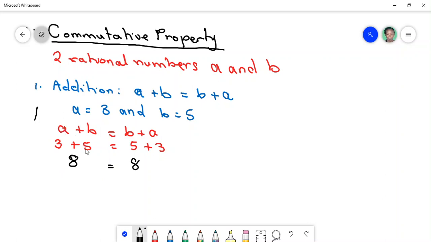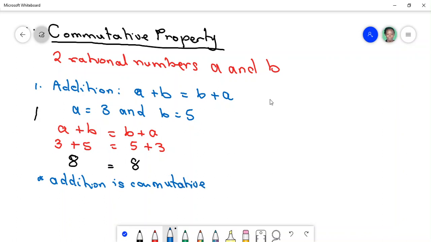So I had A plus B, I commute, bring B first plus A, and I get the same result. So I can therefore say that addition is commutative.